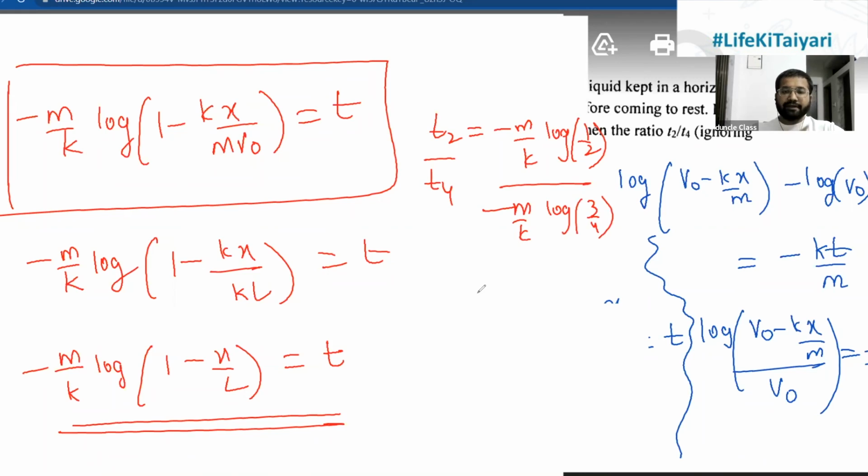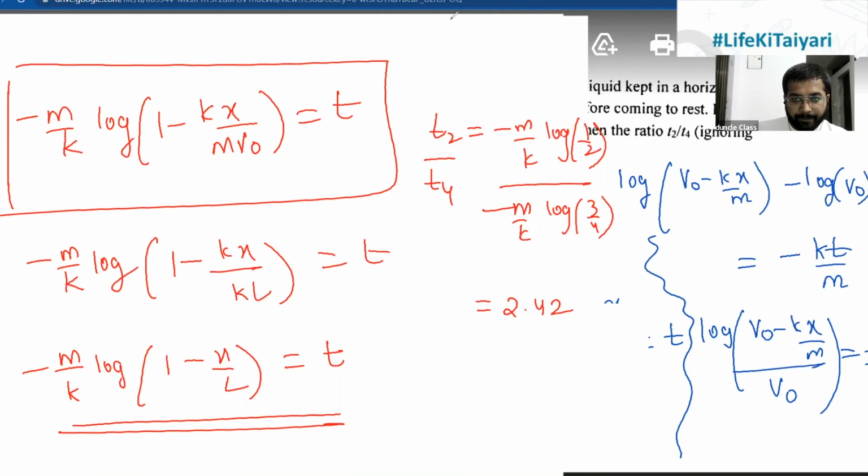Log half upon log 3 by 4. Calculator, log half upon log 3 by 4. It's 2.4 or something. 2.42.